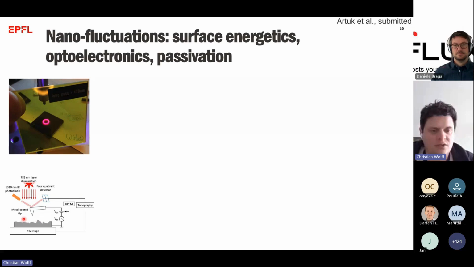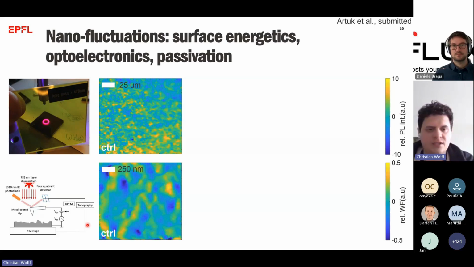And what we do with this is we scan the topography, and then in a second scan we lift the tip. And if the tip is conductive and we can connect it to the bottom of the substrate, we can measure sort of the potential difference between the two. And in this case, we call this Kelvin probe force microscopy. And this gives us then a map of the surface potential.